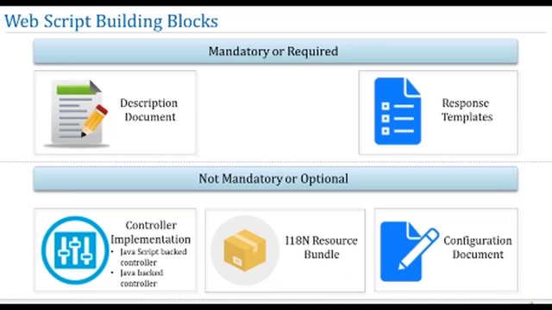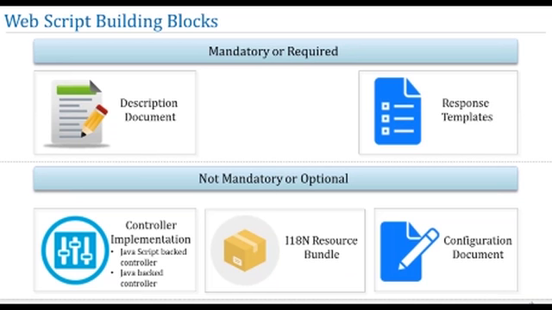The next one is the configuration document. Whenever you implement a web script, you will mainly be using the description document, response templates, and controller implementation. You will not be majorly using the resource bundle or configuration document, but those could be of great help when you are developing a web script.